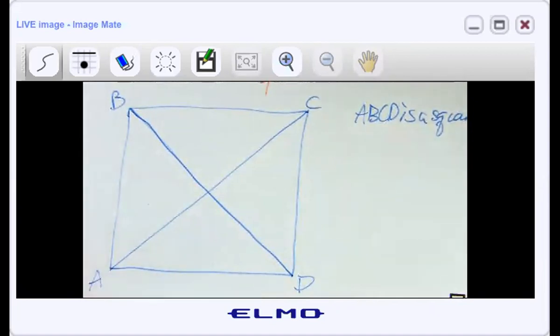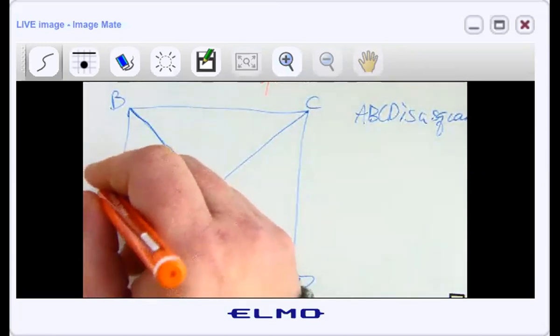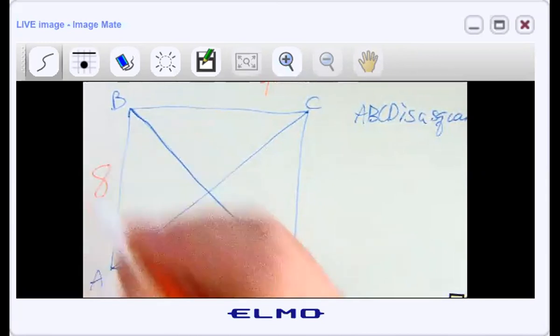I'll put in orange the stuff that I give you. I'll give you that the side is 8.